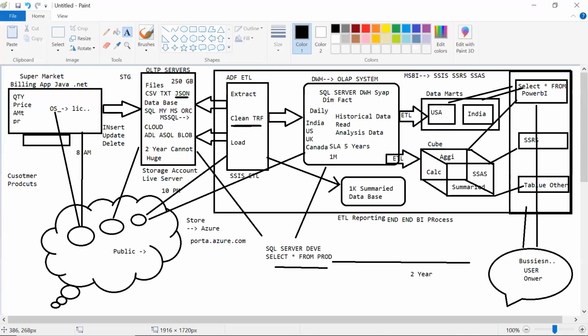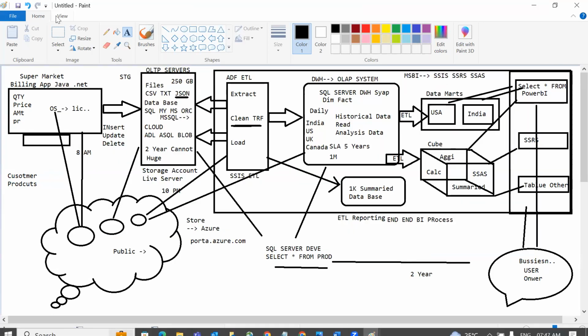So whatever data you are taking, it may be JSON data, it may be database data, it may be cloud data, all that data you are converting into meaningful information. By seeing the report, business owners will take decisions.